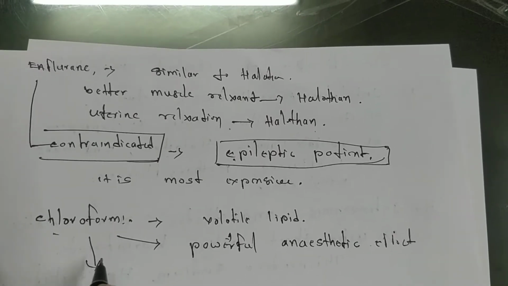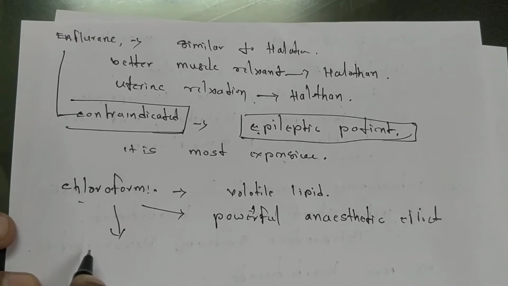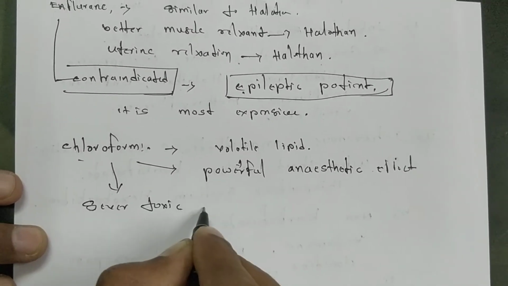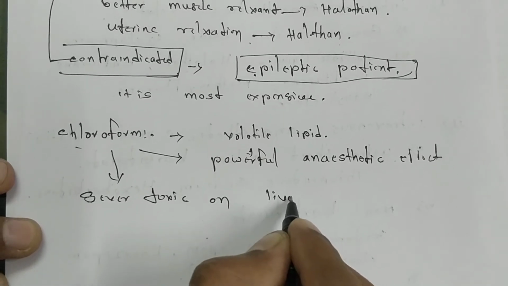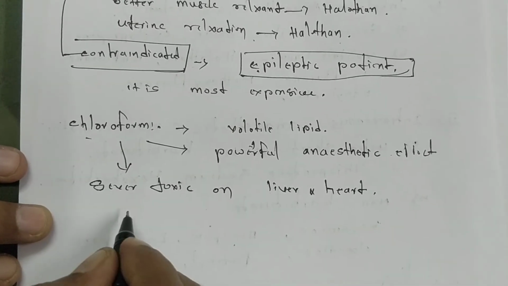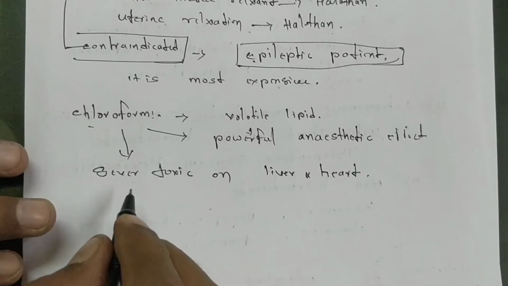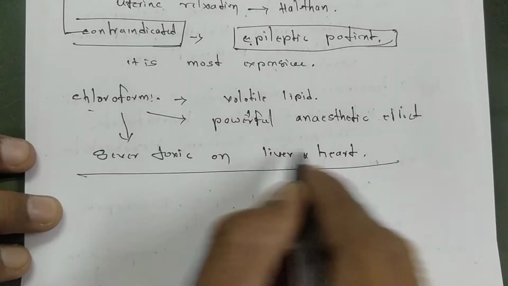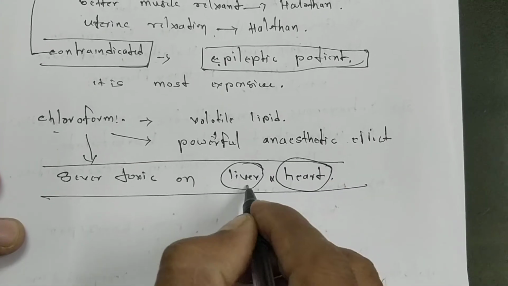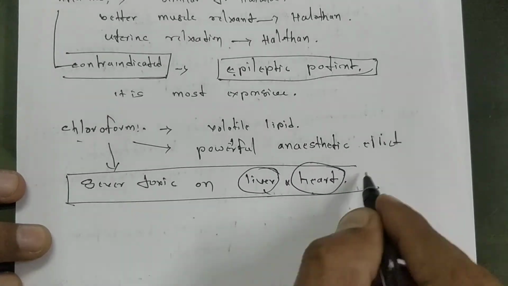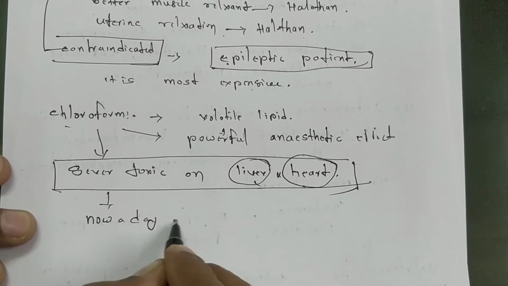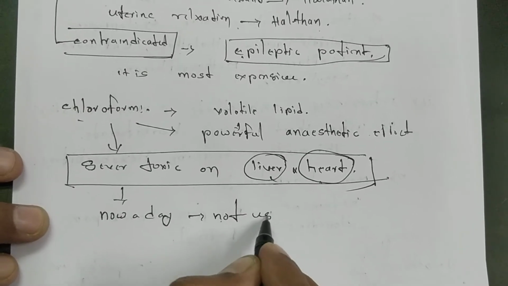But chloroform has a severe toxic effect on the liver and heart. Hence it is not used nowadays because of the serious toxic effect on the most vital organs in the body, the liver and the heart.